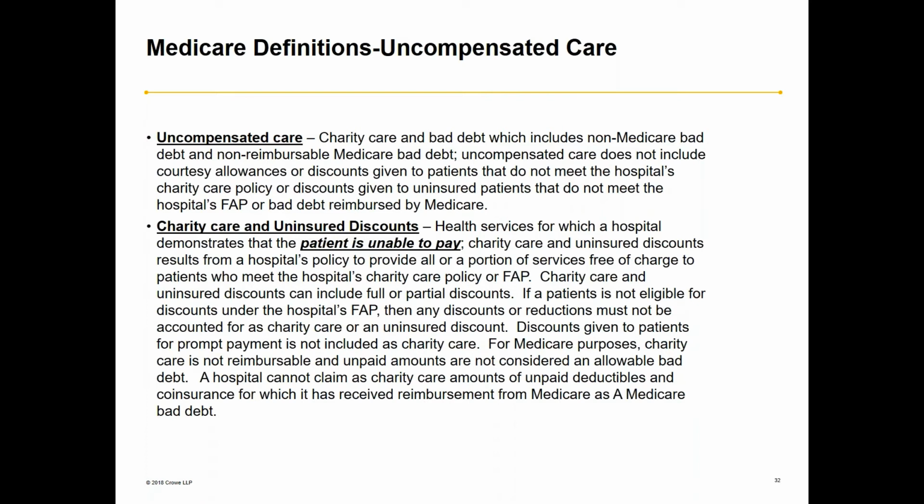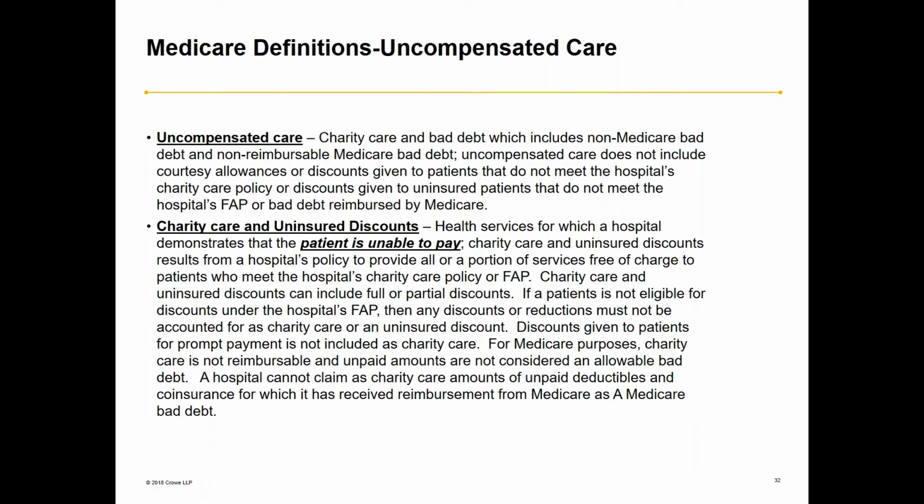Charity care, again, the policies around charity care are extremely important, but the thing to remember here is the hospital has to determine eligibility for charity care. They have to go through their processes, whatever their policy says, to determine that the patient is unable to pay.